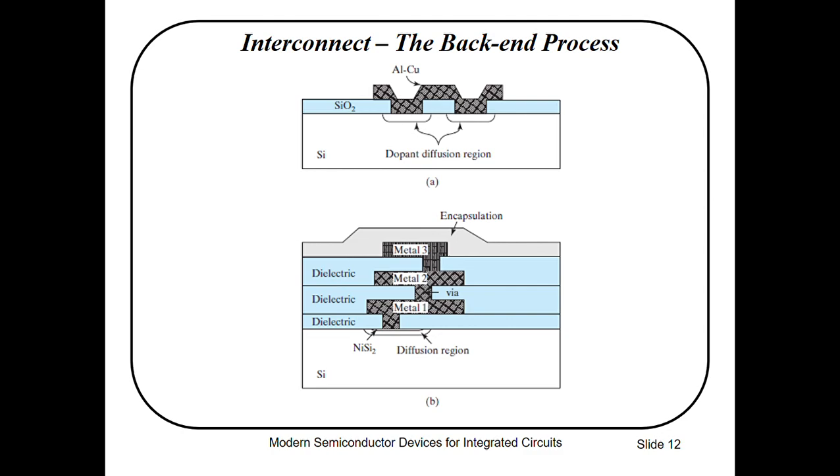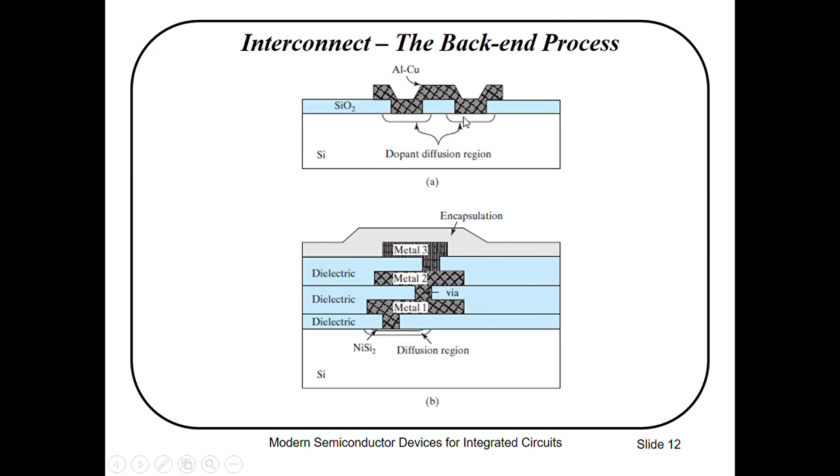Then a layer of metal is deposited over the surface, typically by sputtering. The metal, perhaps aluminum, is then removed from areas where it is not desired by lithography or dry etching. So here you can see this whole process. The metal interconnect in the figure performs the function of interconnecting the two diffusion regions.